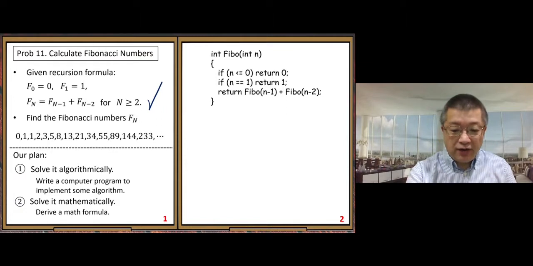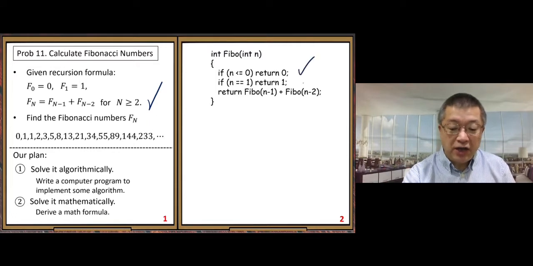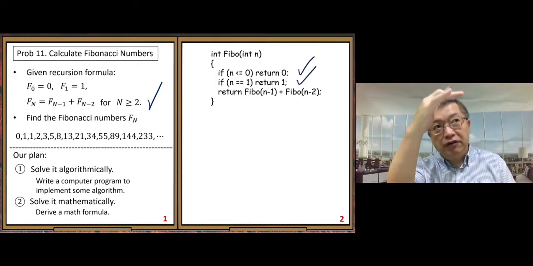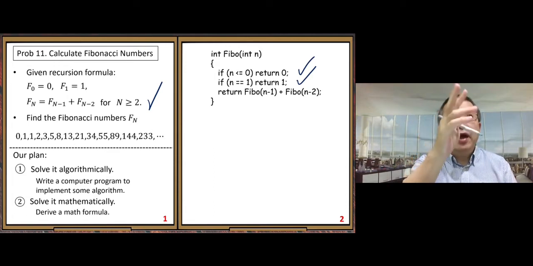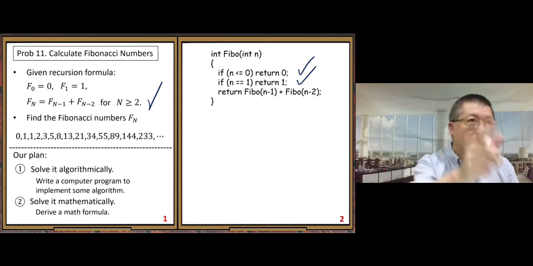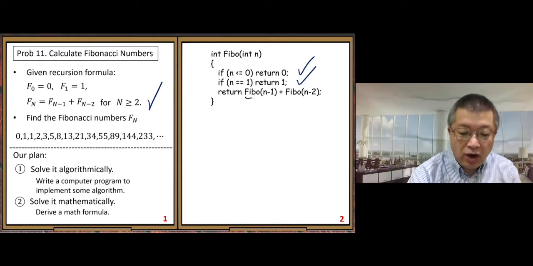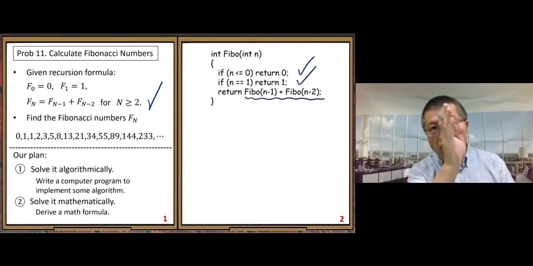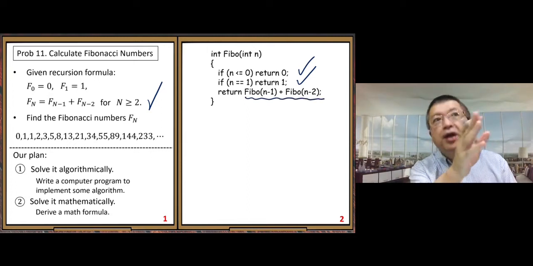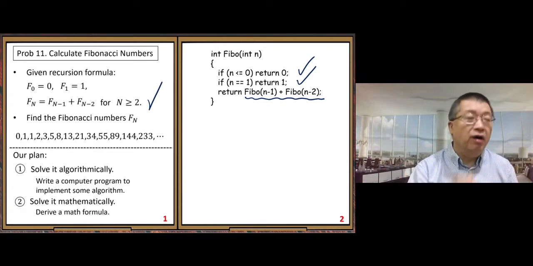All right, here, this is the code. The code, you can see, is pretty straightforward. First base case, second base case. After you pass those two base cases, then the main case, the recursion call. That's it. Return the formula you need to get f of n, or Fibo of n.